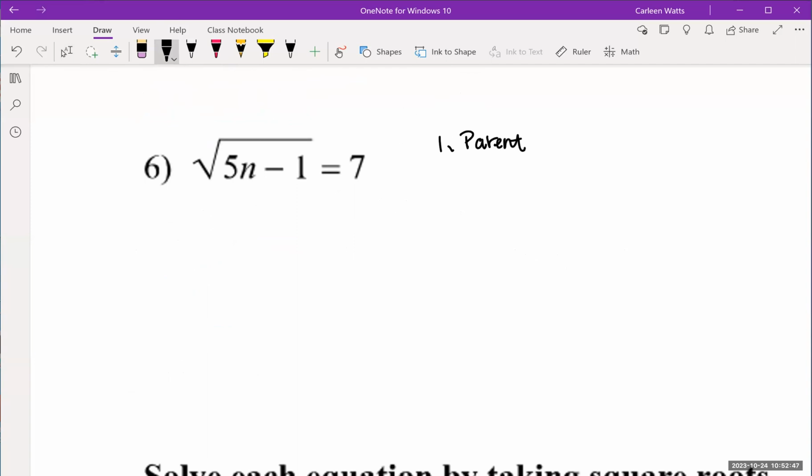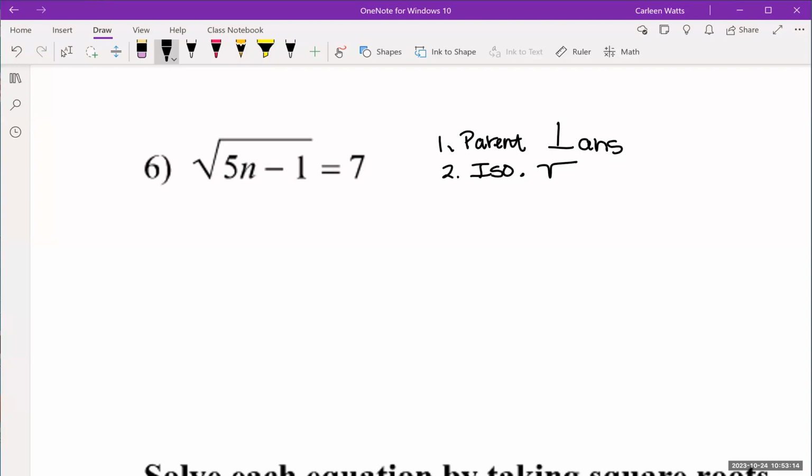Square root function, I am expecting how many answers? Yeah, Zoomers, square root function, I'm expecting 1 answer. Okay, we're going to isolate the square root.